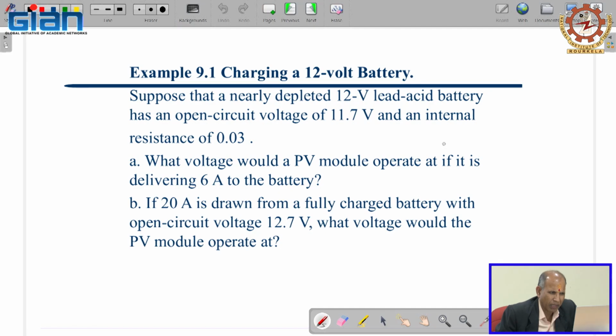Then if 20 amp is drawn from the fully charged battery, with open circuit voltage of 12.7, what voltage would the PV module operate at?